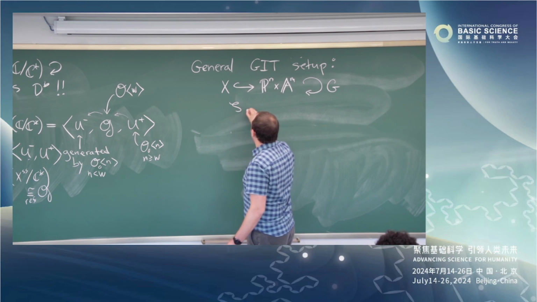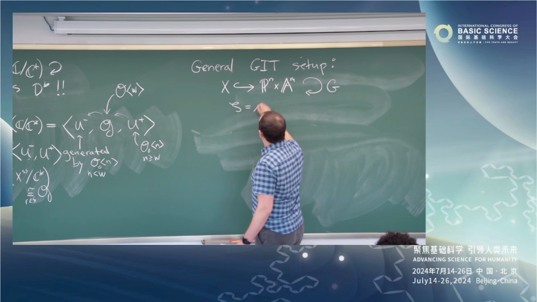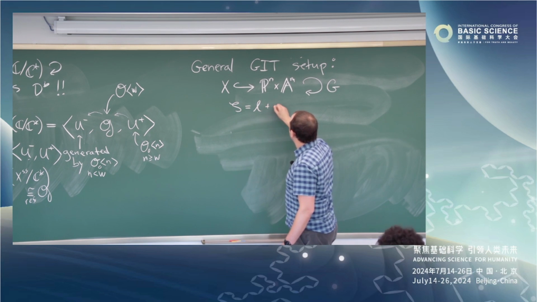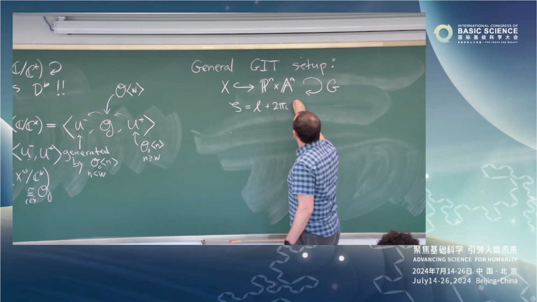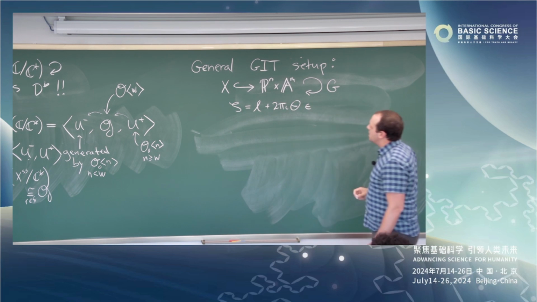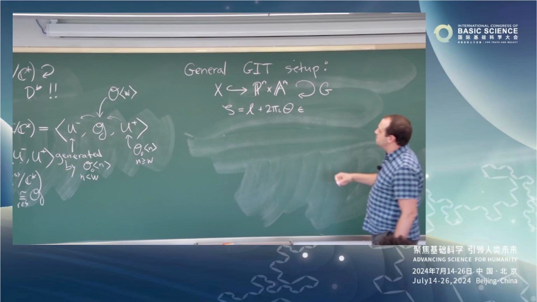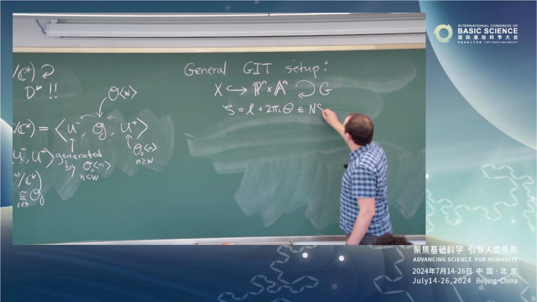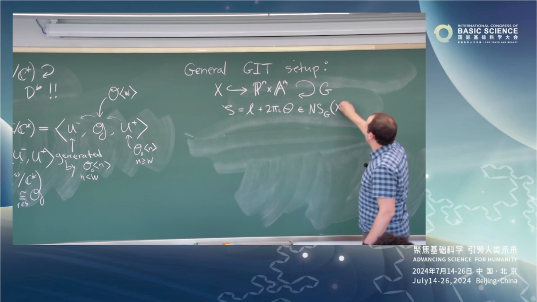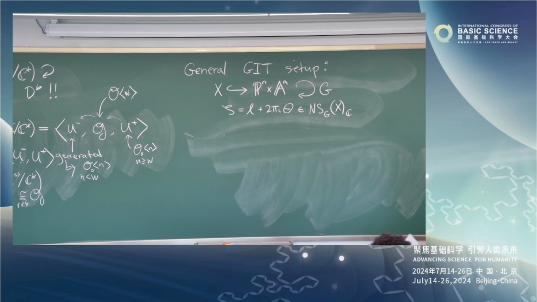There's some flexibility here, but I'll think about this as L plus 2 pi i theta, and if you're working over C, you can just say the equivariant Néron-Severi group of X tensor with C.